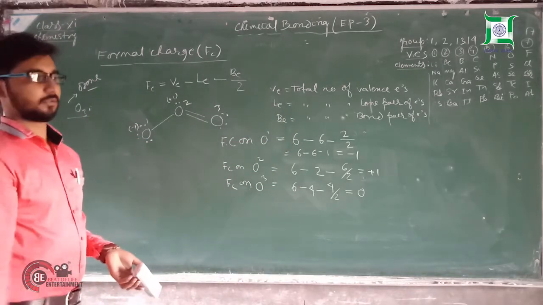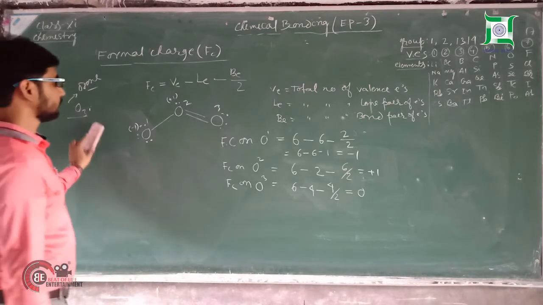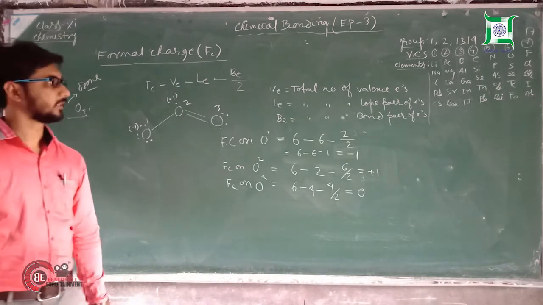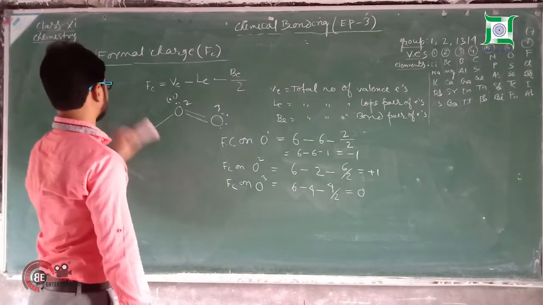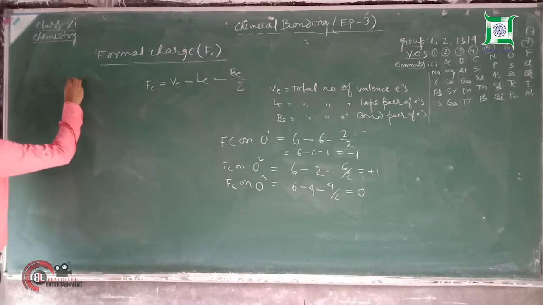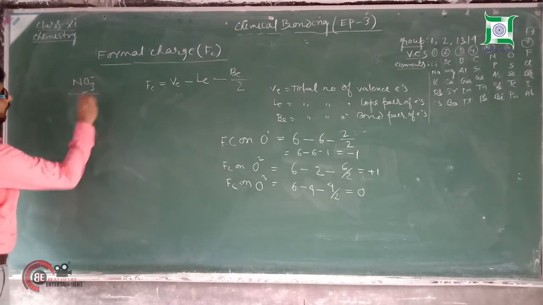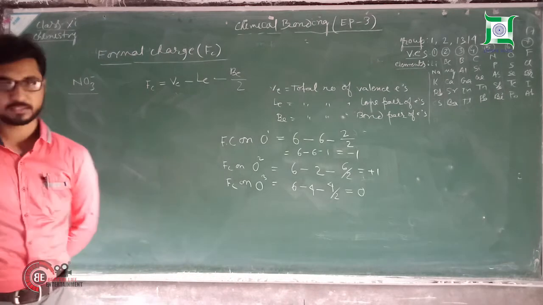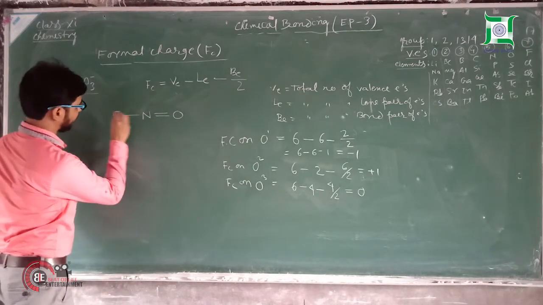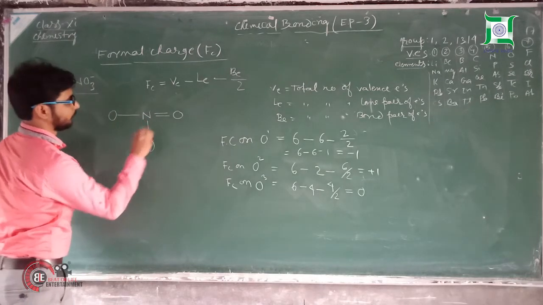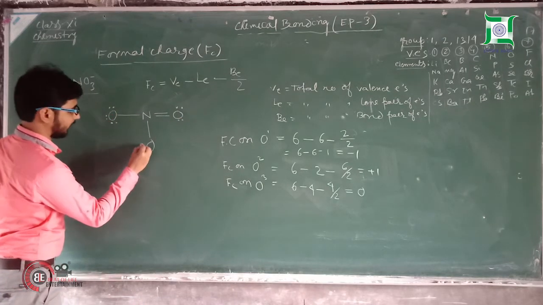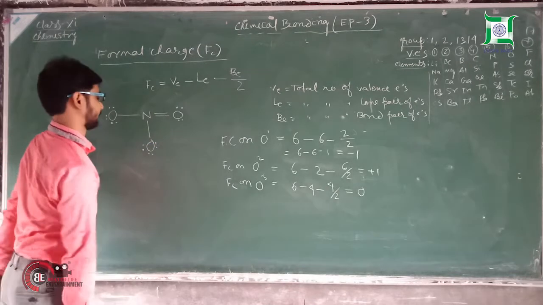Now let us take another example to calculate the formal charge. NO3 minus, and the structure of NO3 minus is N double bond O, single bond O, single bond O. There are 6 lone pairs on each single-bonded oxygen.